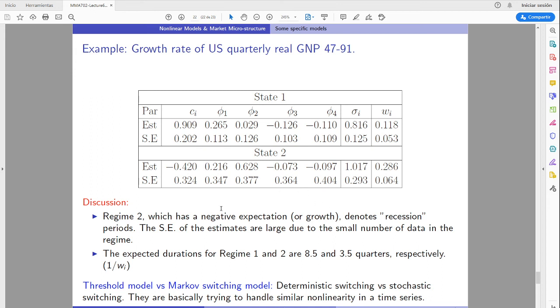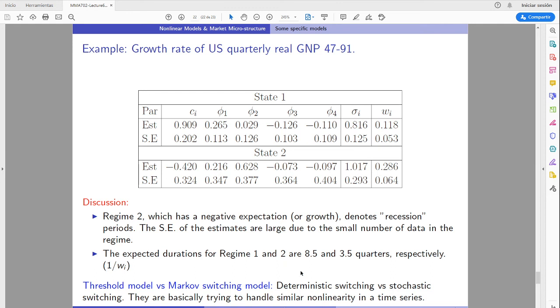The standard errors of the estimates are large due to the small number of data that we have here, so we really can't say much more because we don't have enough data to do that. Expected durations for regimes 1 and 2 are respectively 8.5 and 3.5 quarters. Did I say respectively twice? I really hope not.